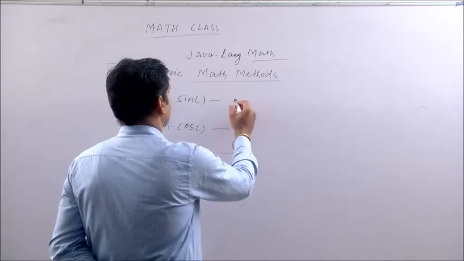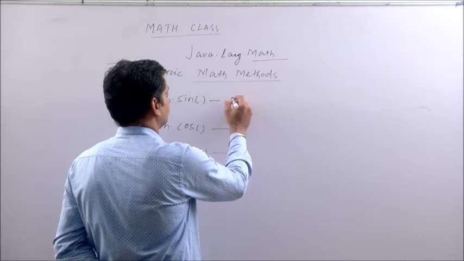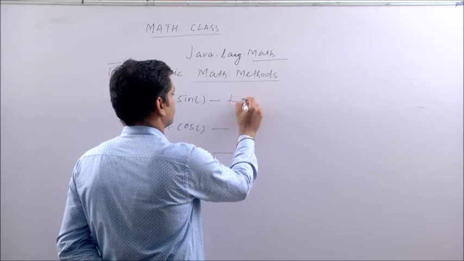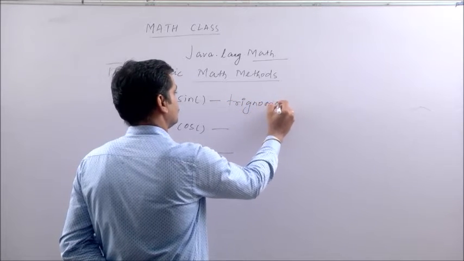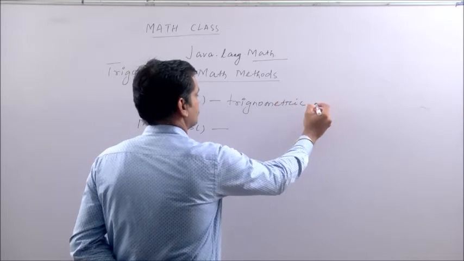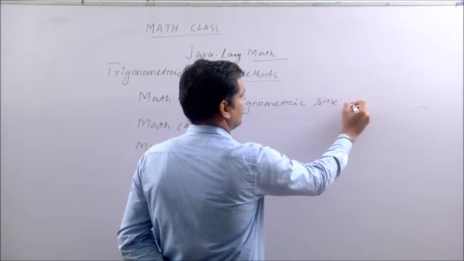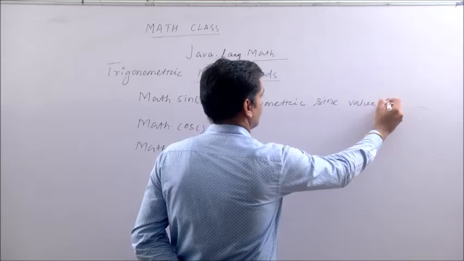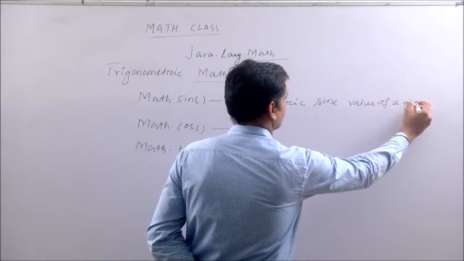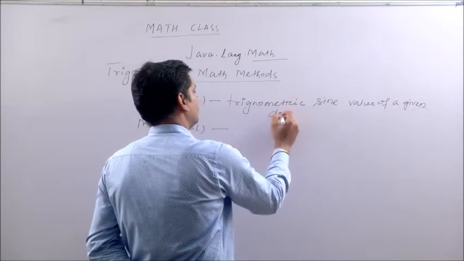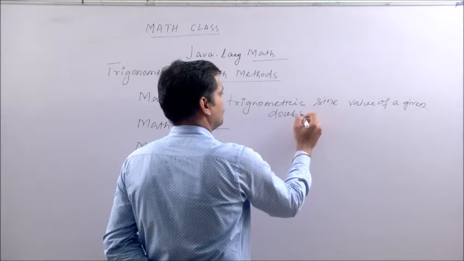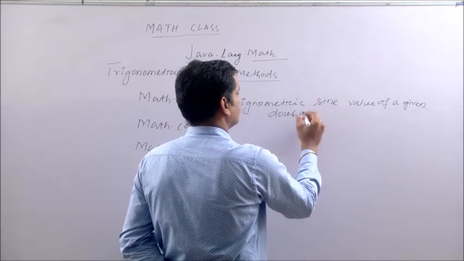It returns the trigonometric sine value of a given double value.